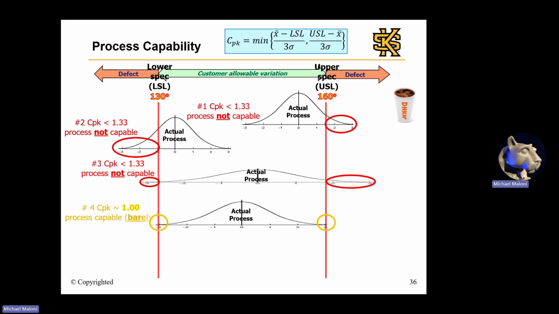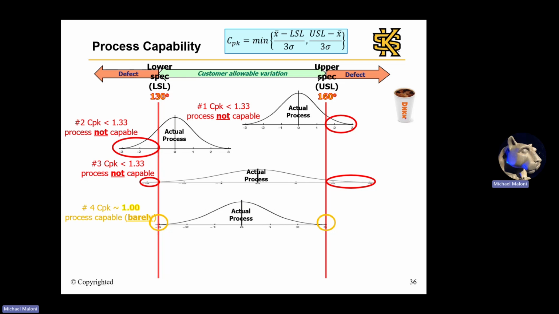In this case, the CPK would be exactly 1. The process is technically capable of consistently producing within customer specs, but it's right on the lines though. We'd actually prefer some cushion, meaning a bit more certainty. That's why we target a CPK of 1.33 for the extra cushion.